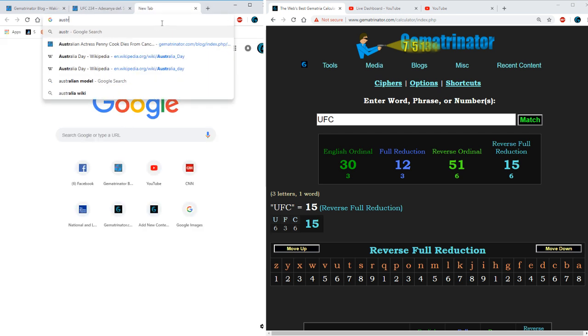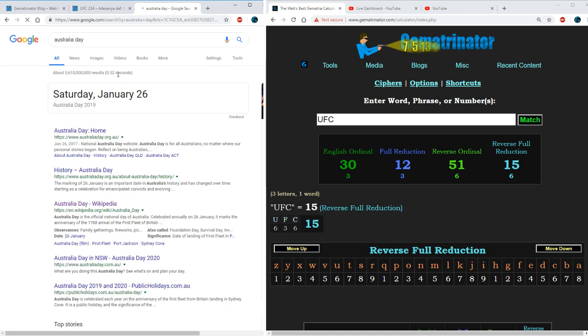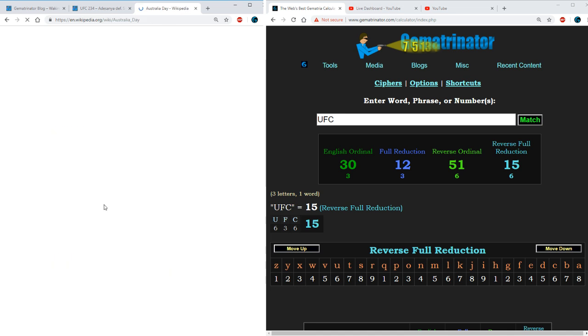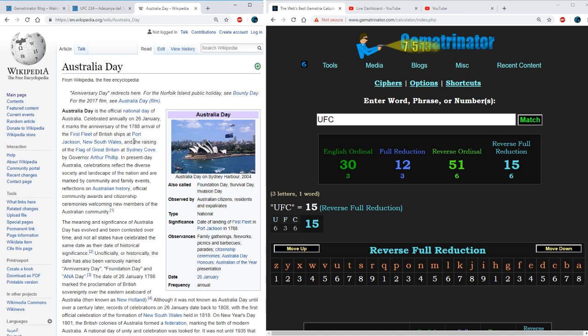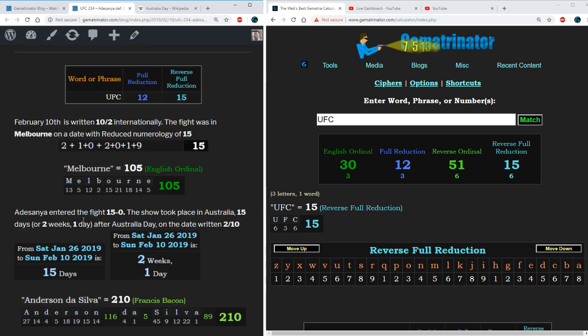Well, this event was held in Australia. And anytime you're looking at international events, you want to look at that nation's Independence Day. Australia's national day is called Australia Day, and they celebrate it on January 26th. This event on February 10th was exactly 15 days after Australia Day.